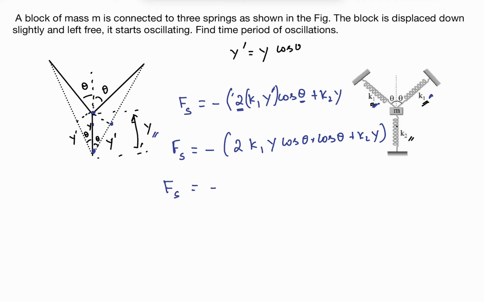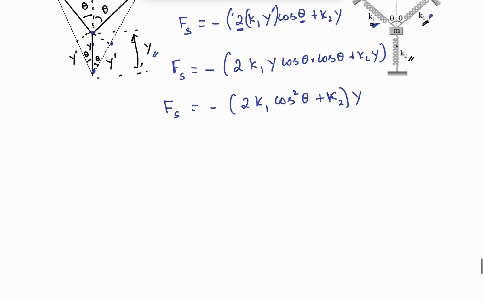It is simply minus 2 times K1 cos square theta plus K2, times y. I'll take y common outside because I need the restoring acceleration. So now I have the restoring force.